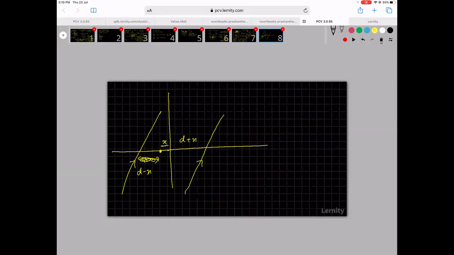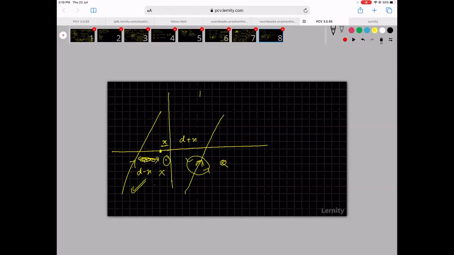Now, because of this wire, the magnetic field will be out of the plane, using the right-hand grip rule. The fingers go this way and come out like that. So on this side it is inside because of this wire. But on this side, because I am closer to this wire, this field will be dominating.